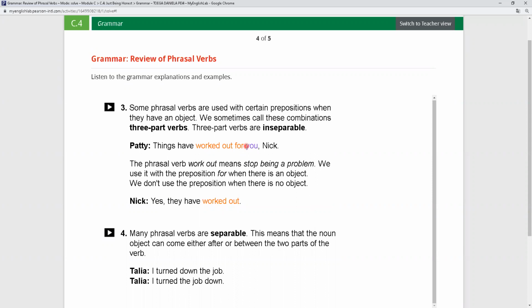Ok, te voy a enviar entonces la lista de las preposiciones. Ok, estas son las preposiciones. Right? Y también te voy a enviar las preposiciones del lugar.